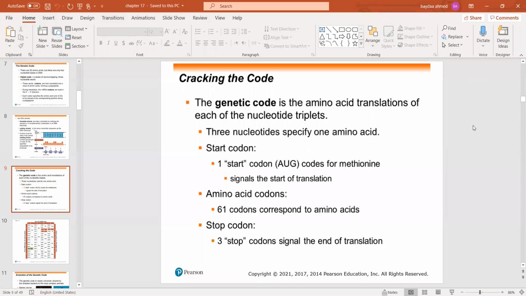Molecular biologists cracked the genetic code of life in the early 1960s, when a series of elegant experiments disclosed the amino acid translation of each of the mRNA codons.